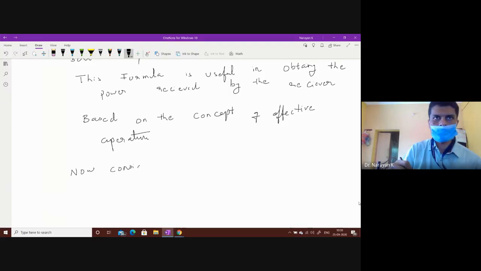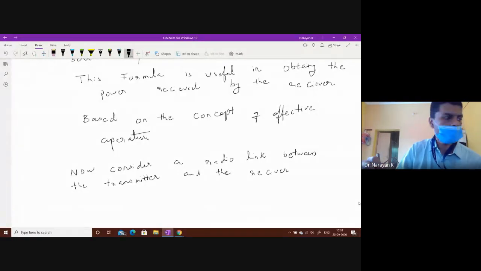Now consider a radio link between the transmitter and the receiver as shown in the figure. Is everybody able to see?